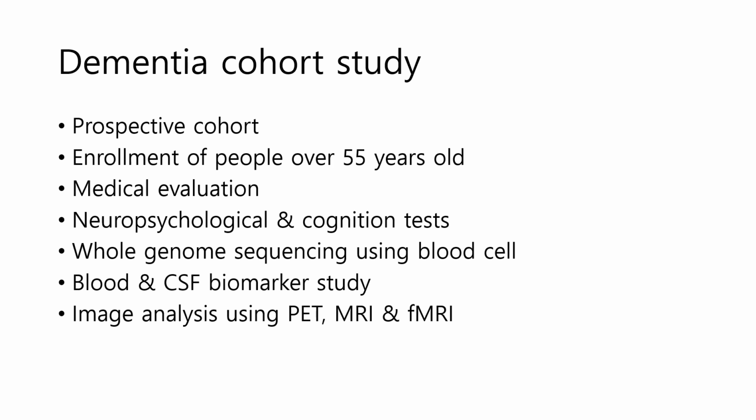First, a medical evaluation was performed, and neuropsychological and cognition tests were done for all the people who were enrolled, and whole genome sequencing using blood cells was performed. Blood and CSF biomarkers were evaluated. These biomarkers are protein biomarkers, and image analysis using PET, MR, and functional MR was done.